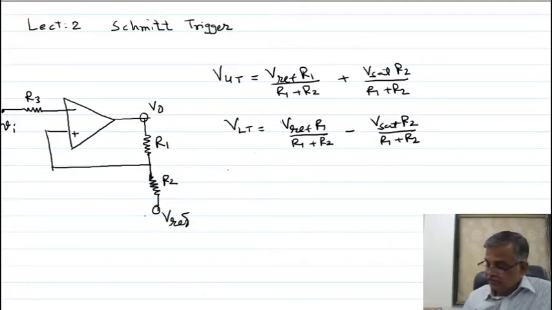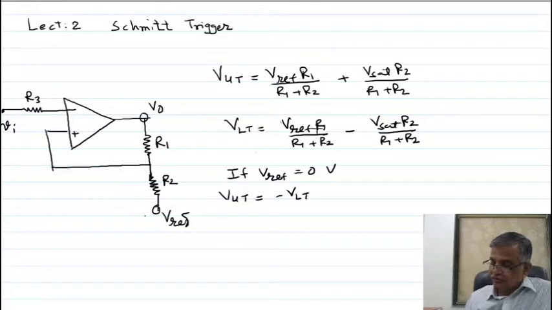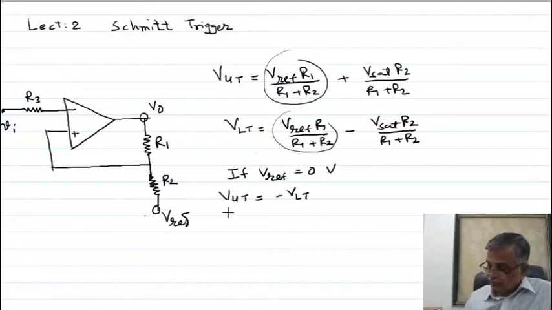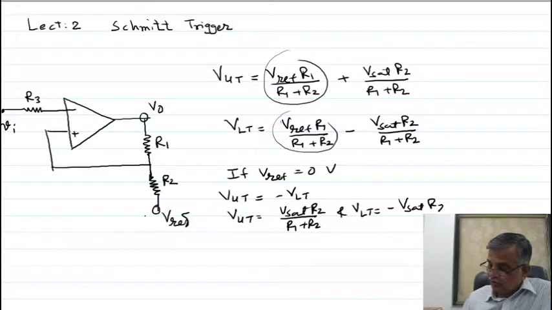If in this circuit diagram we keep reference voltage 0 volt, then VUT is equal to minus VLT. So remember, VUT is equal to V sat R2 upon R1 plus R2 and VLT is equal to minus V sat R2 upon R1 plus R2.